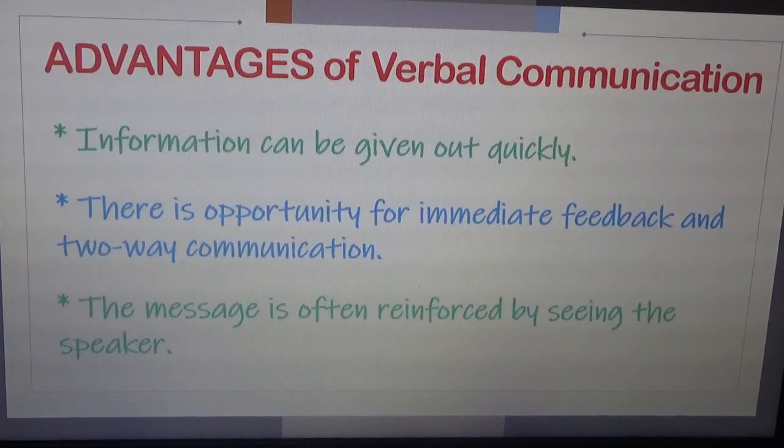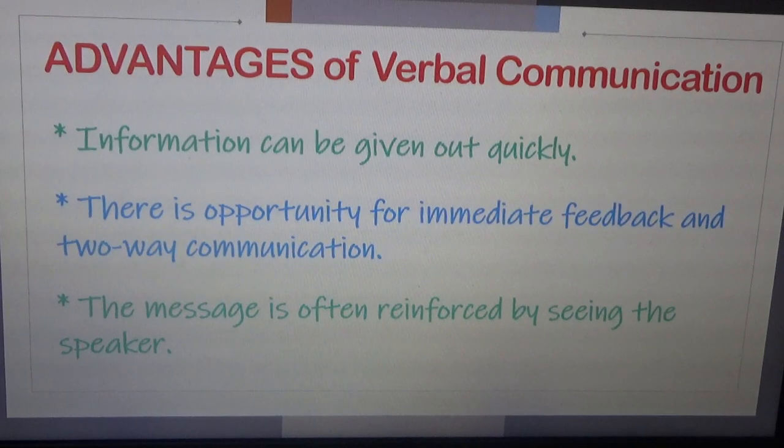Now, we have advantages of verbal communication. You see, the information can be given out quickly, and when this happens at big meetings, it is an efficient way of communicating with a large number of people. Another point is there is opportunity for immediate feedback and two-way communication.